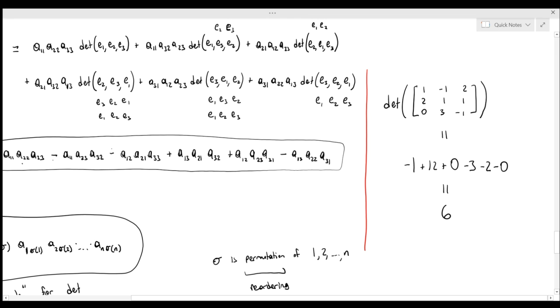So if you think of going along a diagonal from left to right, that gets you the first 3 terms.